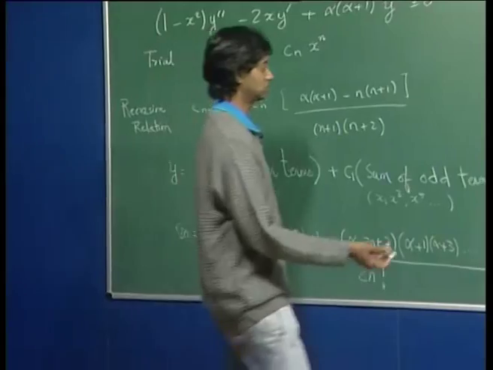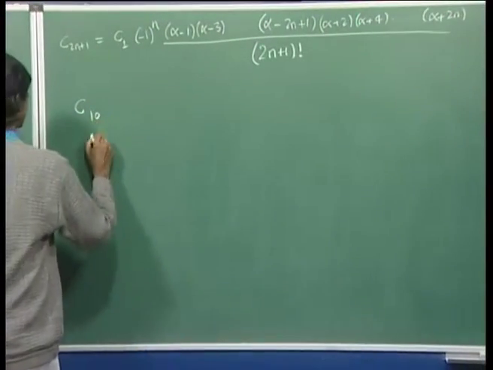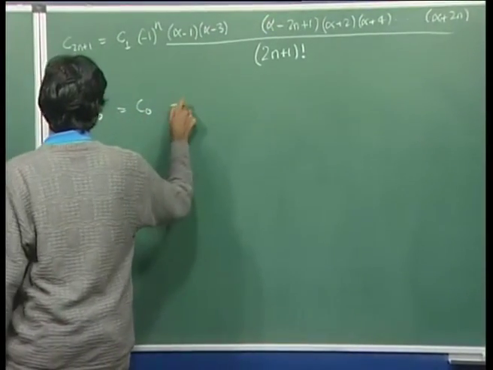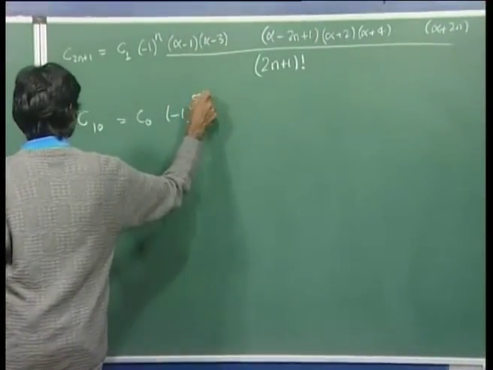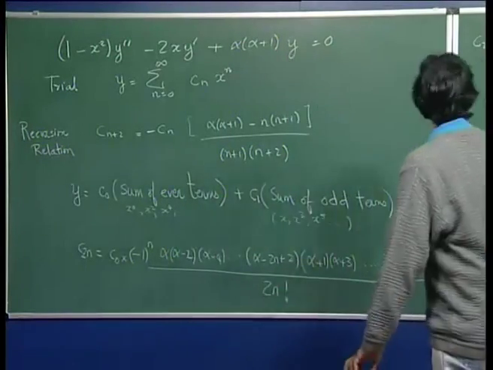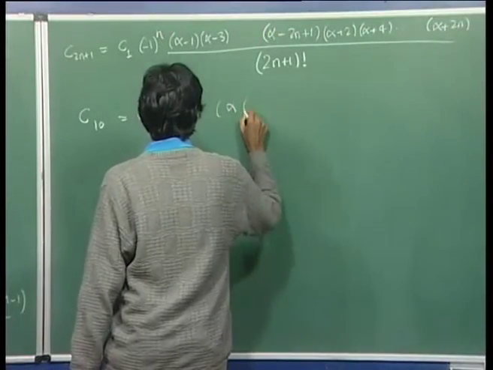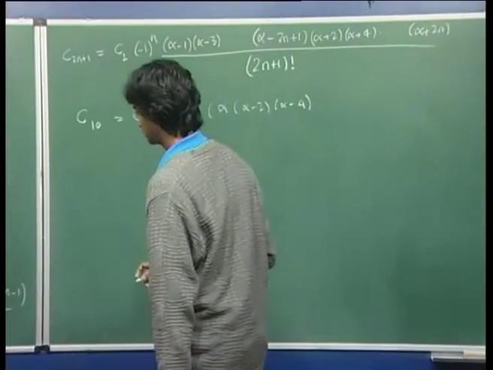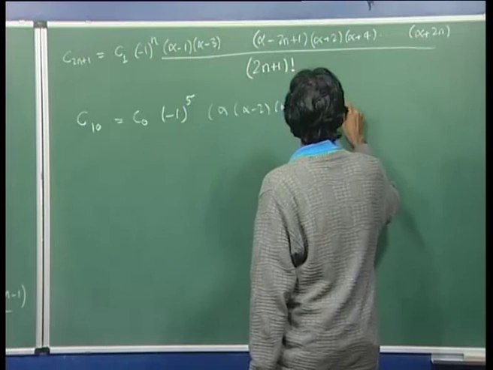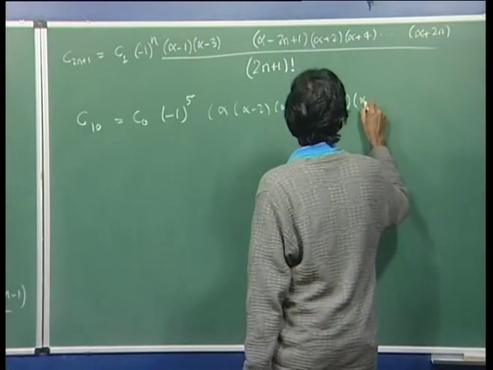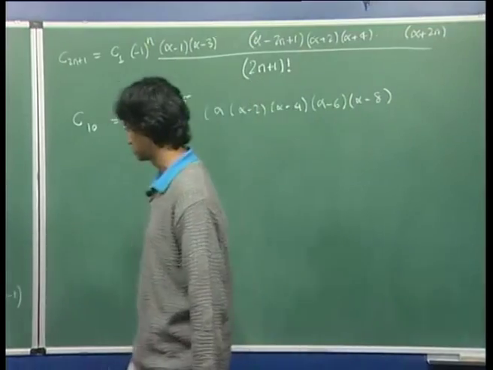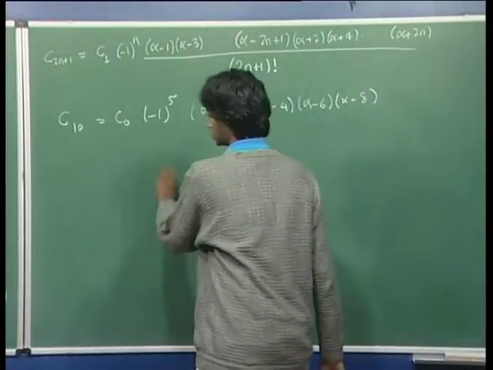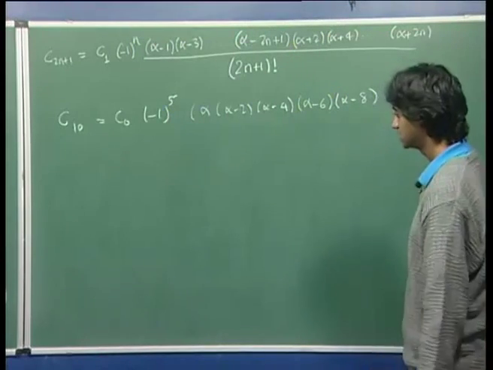If I put n equal to 5 here, then I have C0 times minus 1 raised to 5, and then alpha minus 2, alpha minus 4, alpha minus 6, alpha minus 8. It goes all the way to alpha minus 2n plus 2, which is alpha minus 8.